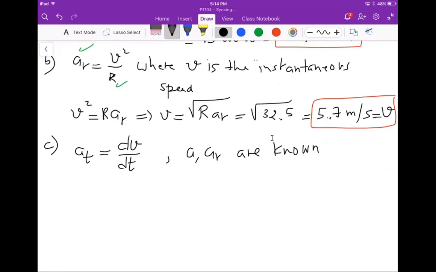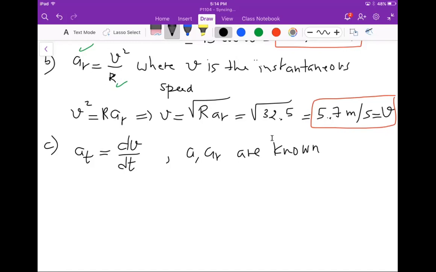We know that the total acceleration a is given by ar plus a tangential, right? And we have seen that the magnitude of a is given by the square root of ar squared plus a tangential squared. So we can write a squared is equal to ar squared plus at squared. And you see we have an equation that relates a, ar, and a tangential. So a tangential squared is equal to a squared minus ar squared.